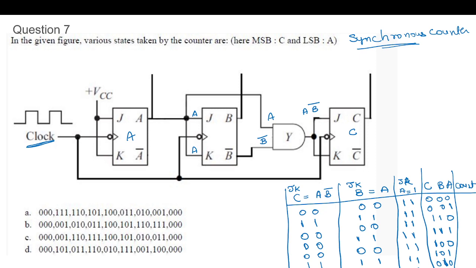Next, A is 1 and this is 0, 0. So remaining retain, toggle, toggle. So you can see the count is not wrong. Here it is again starting from 0. So C is the correct answer.